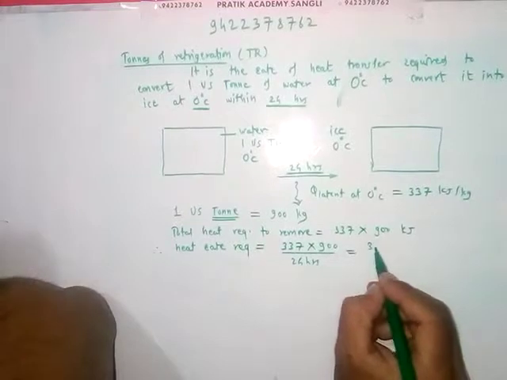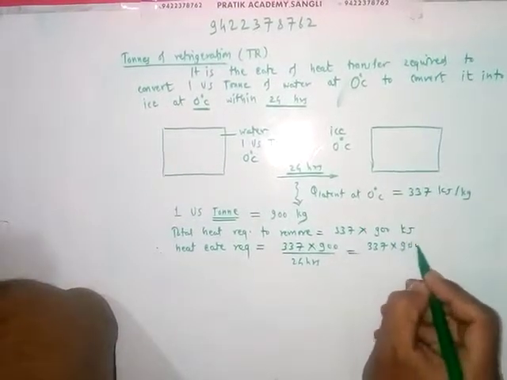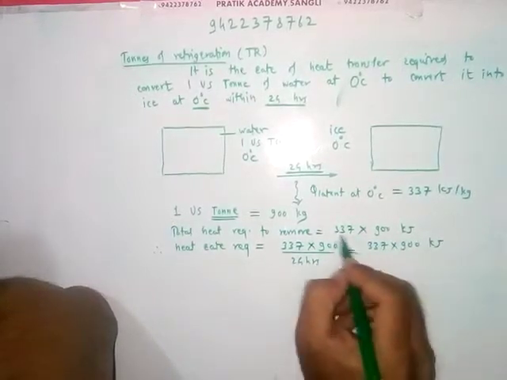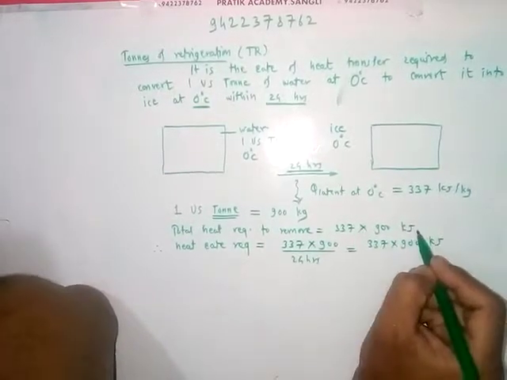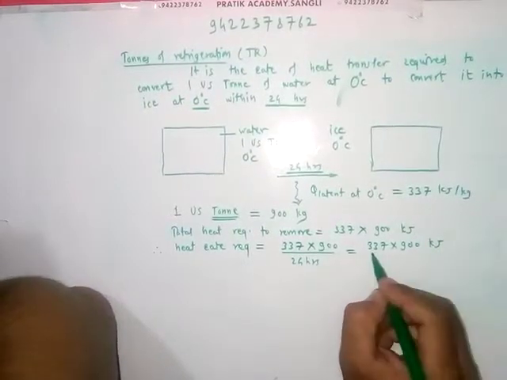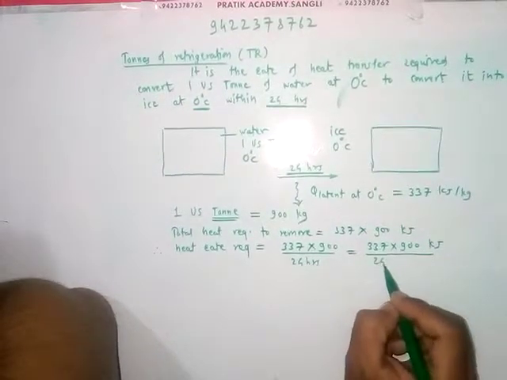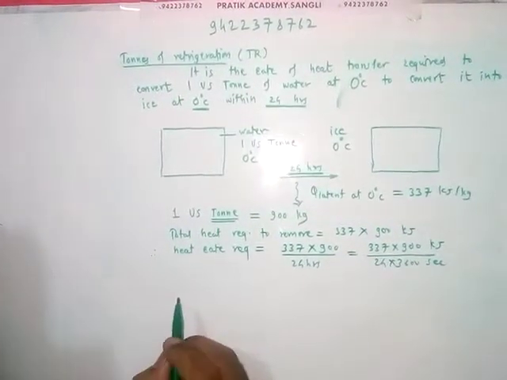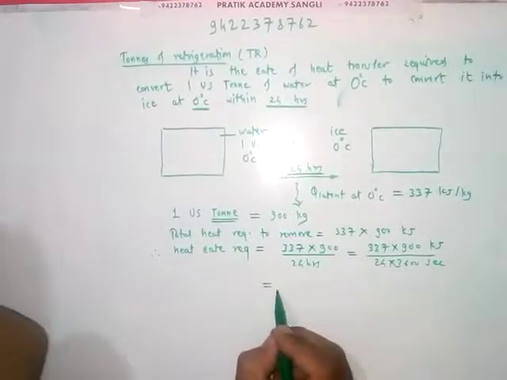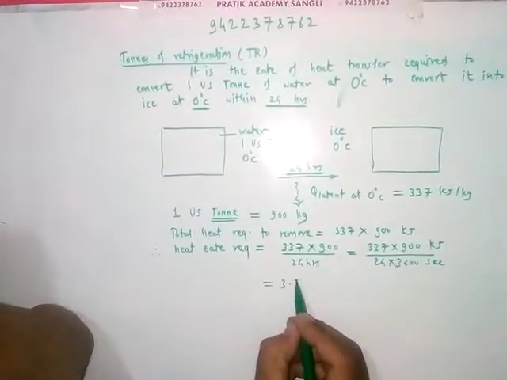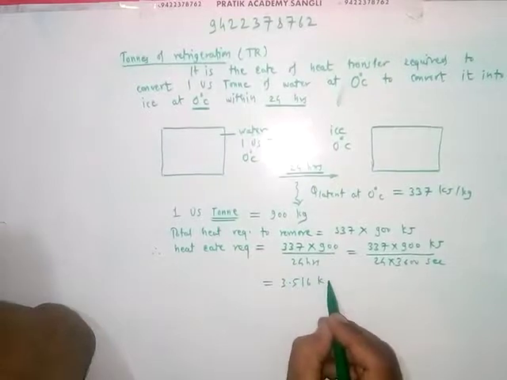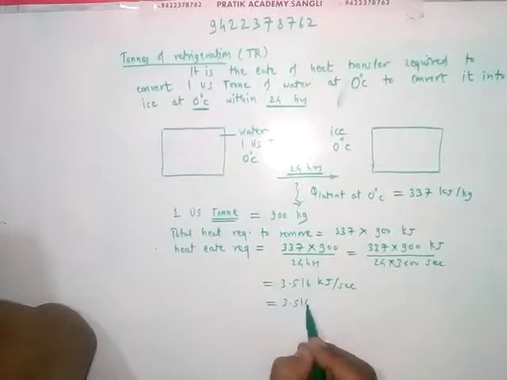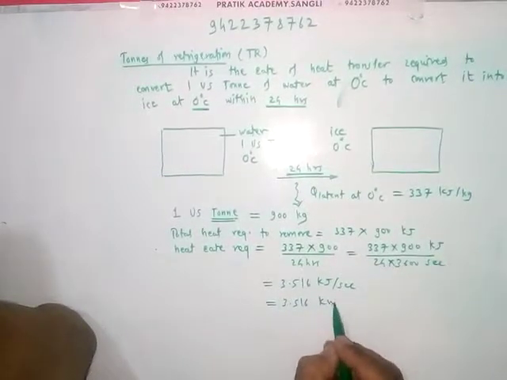Here the unit is kilojoule per kg into kg, so it becomes kilojoule, and then kilojoule per 24 into 3600, so per second. So this comes to be equal to 3.516 kilojoule per second, and 3.516 kilojoule per second is kilowatt.